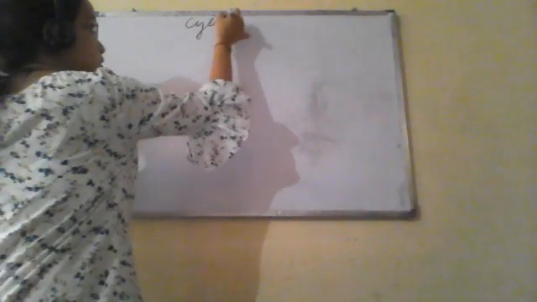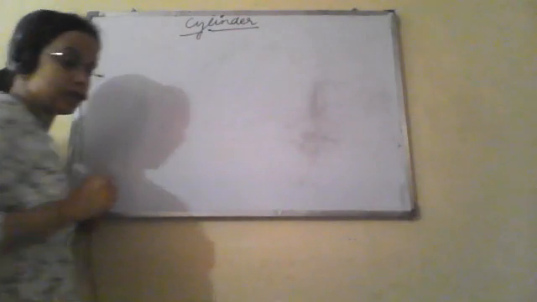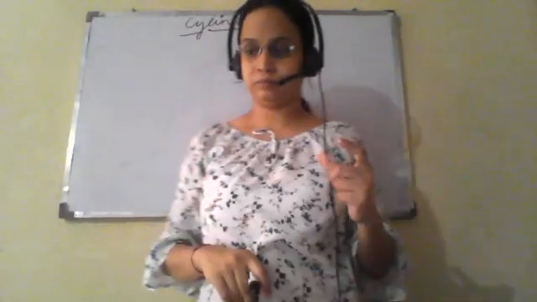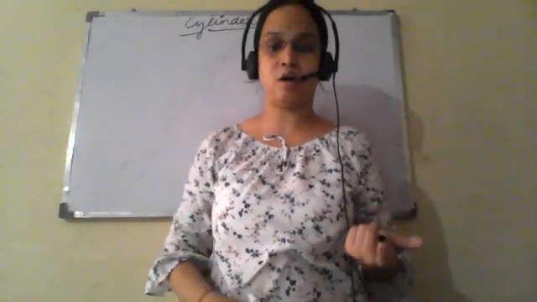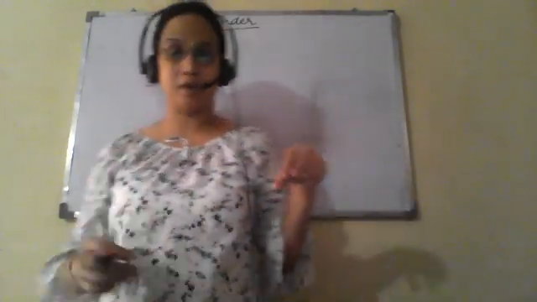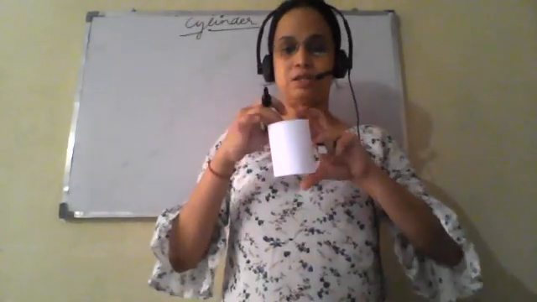Now we will see cylinder. We will talk about cylinder. So a cylinder, you have come across many shapes, as I've told earlier, like cans of cold drink, gas cylinder, you can see pipe that is also in cylindrical shape, glass, this is also a cylindrical shape. So cylindrical shape is somewhat like this.